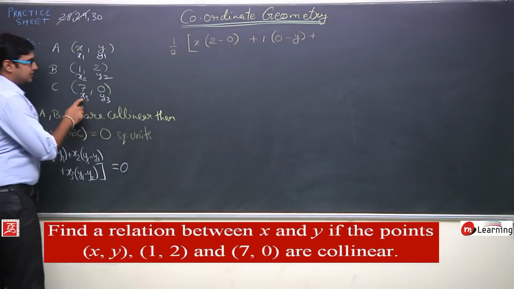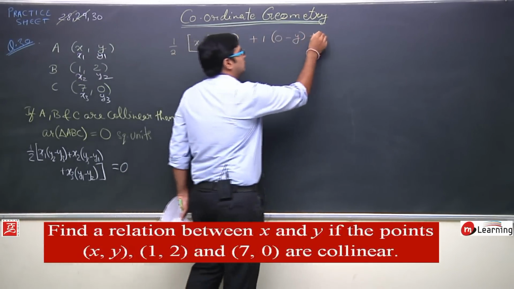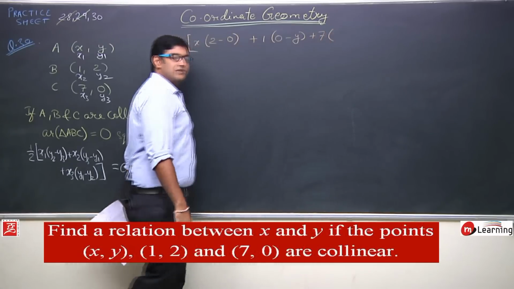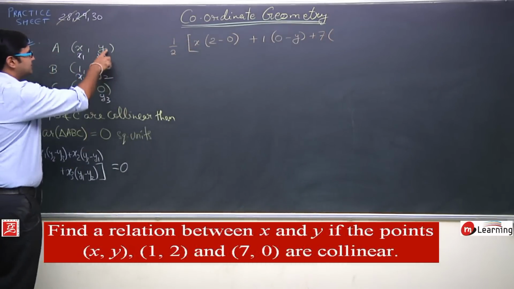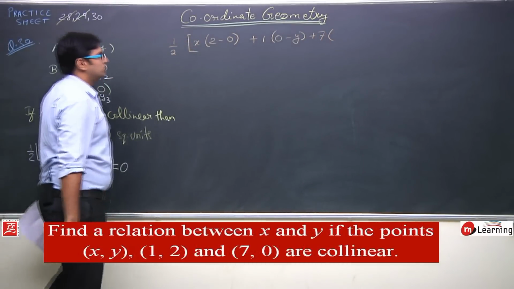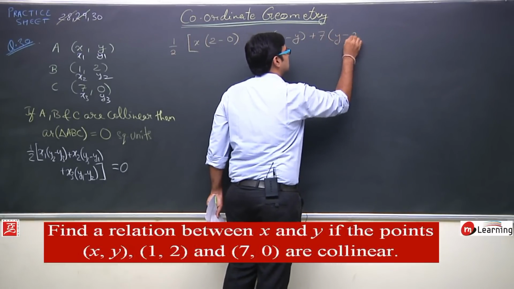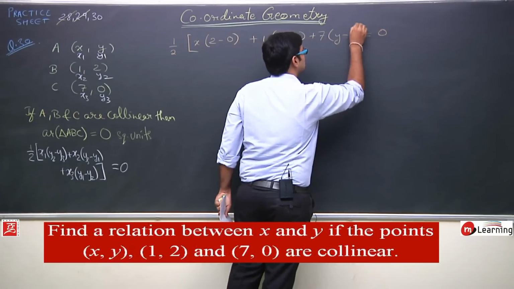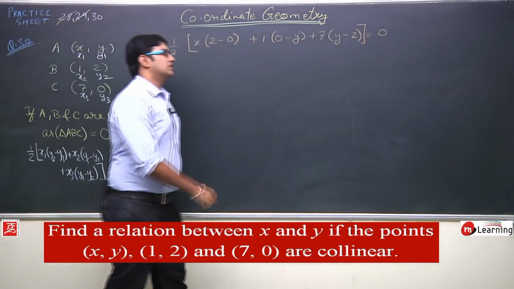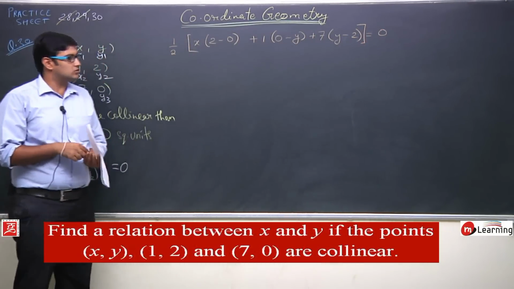What is x3? x3 is 7, and in the bracket y1 minus y2, y1 is y and y2 is 2, so it will be y minus 2, equal to 0. So this is the area of triangle which is equal to 0.